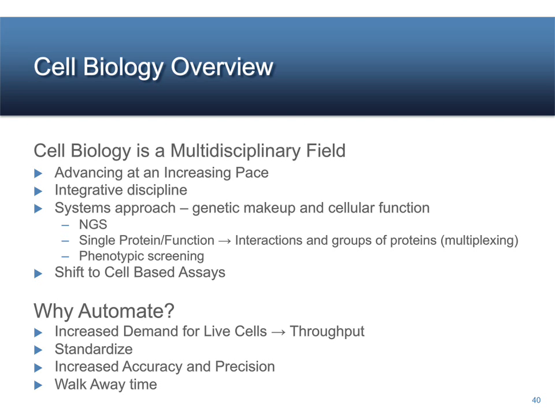And maybe one of the most important things is it offers walk-away time. So the researchers can spend more time looking up papers, researching what their next assays are going to be, and looking for grants, things like that. So we'll let the robot do the mundane day-to-day tasks while we spend our time doing more important things.